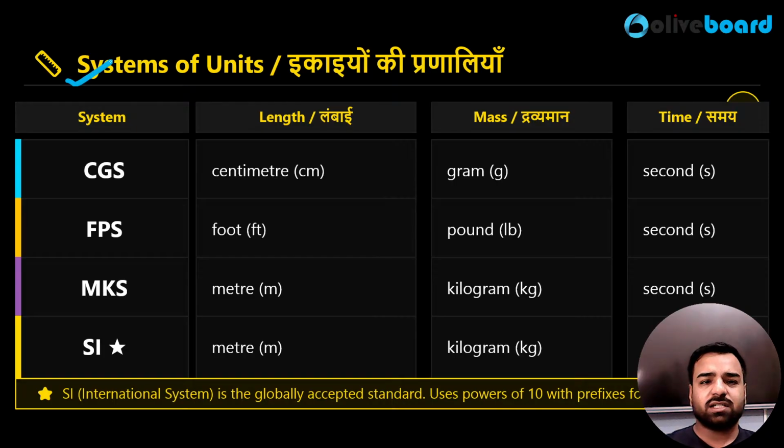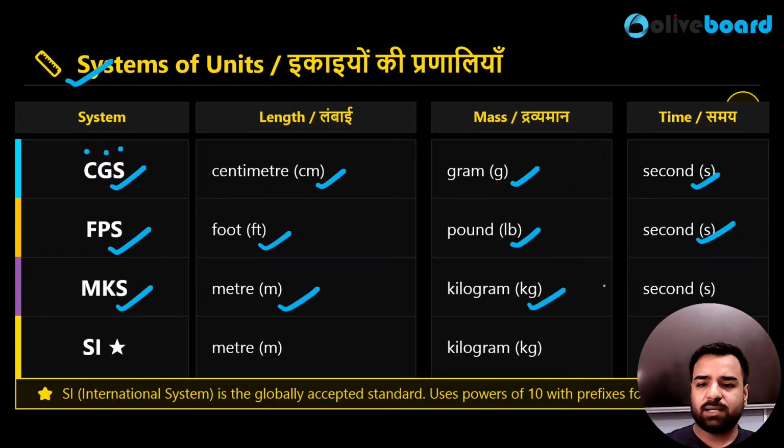So talking about the systems of units, it may be CGS, it may be FPS, it may be MKS. CGS stands for centimeter, gram, second. Similarly, for the FPS system, we have foot, pound, second. For MKS, we have meter, kilogram, second. Now I want to know one thing.